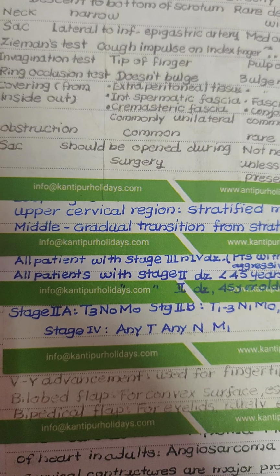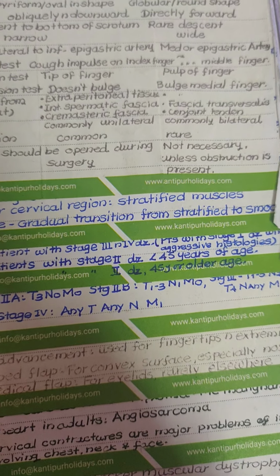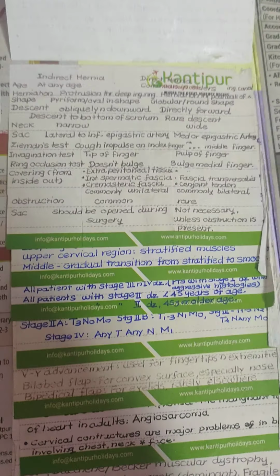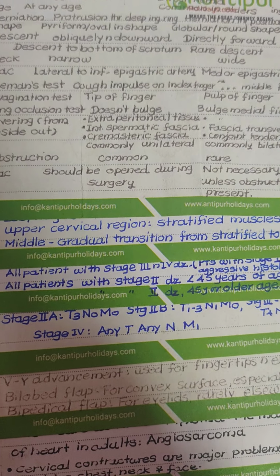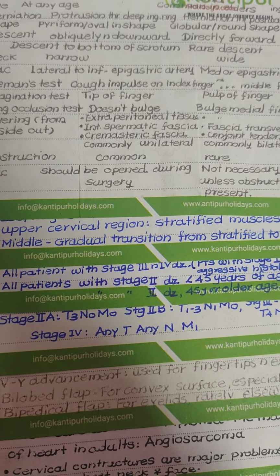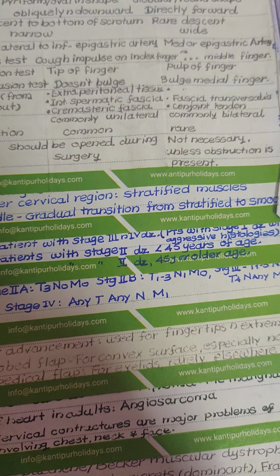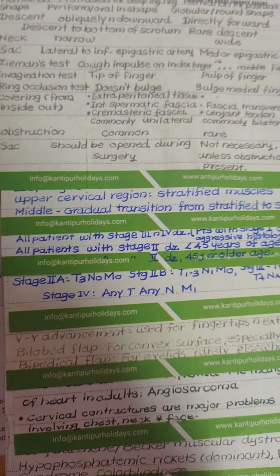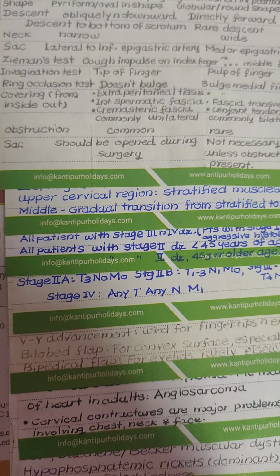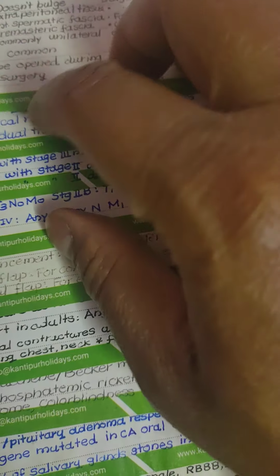Ring occlusion test: doesn't bulge in indirect hernia, bulges medially in direct hernia. Coverings from inside out: extraperitoneal tissue, internal spermatic fascia, cremasteric fascia; commonly unilateral for indirect. Direct: fascia transversalis, conjoint tendon; commonly bilateral. Obstruction: common in indirect, rare in direct. Sac should be opened during surgery; not necessary unless obstruction is present.